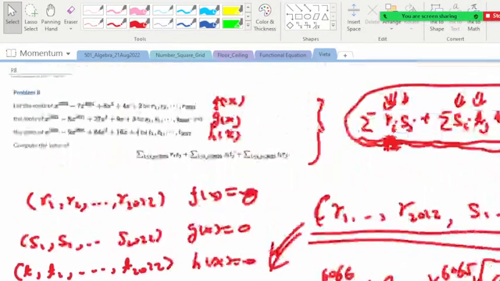So basically, it uses the fact that the sum over 1 ≤ i, j ≤ 2022 of R_i S_j is equal to the sum over 1 ≤ i ≤ 2022 of R_i times the sum over 1 ≤ j ≤ 2022 of S_j.